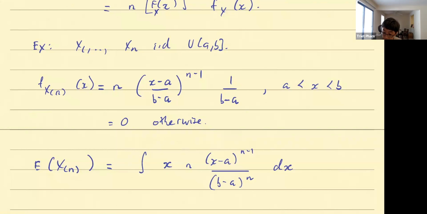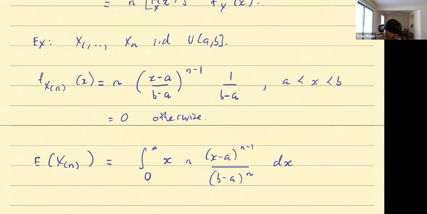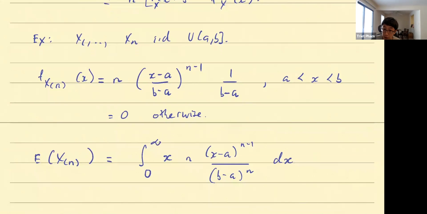But again, I can totally imagine a student not paying attention, putting something like this in, or worse yet, something like this in. What happened there? The person does not pay attention to where the support of the sample max is, or where the sample max takes value.